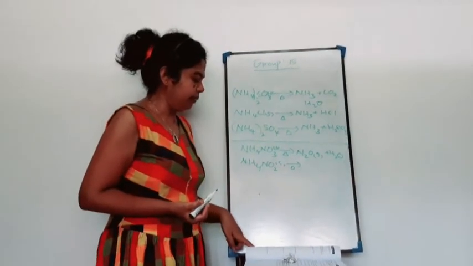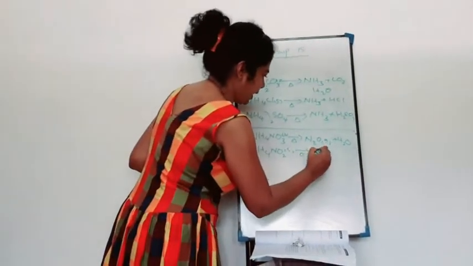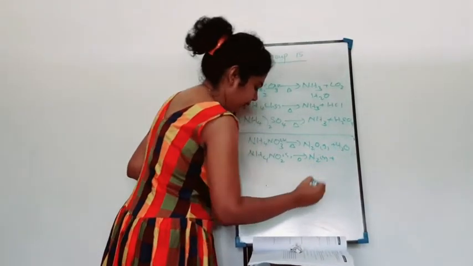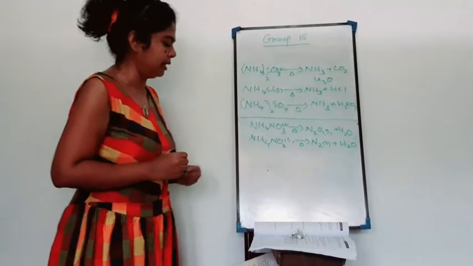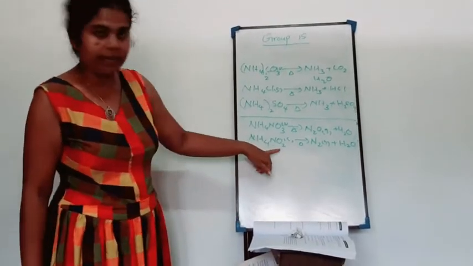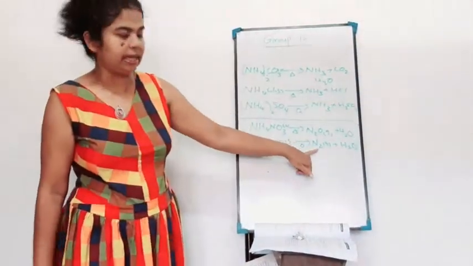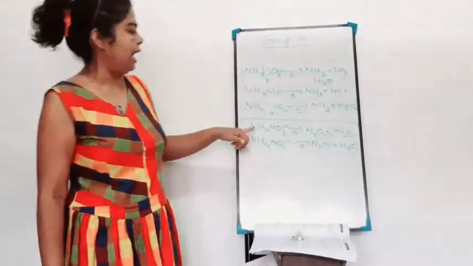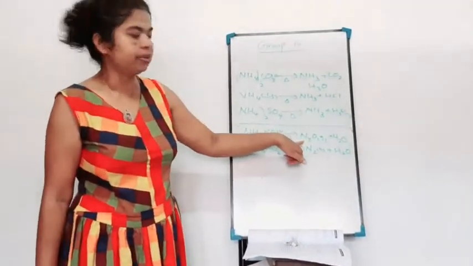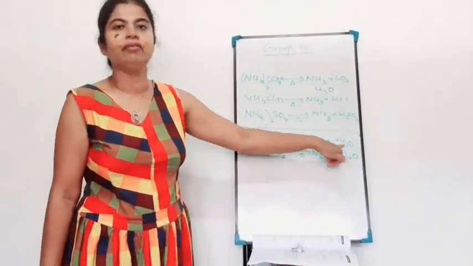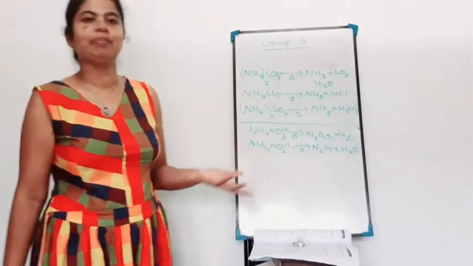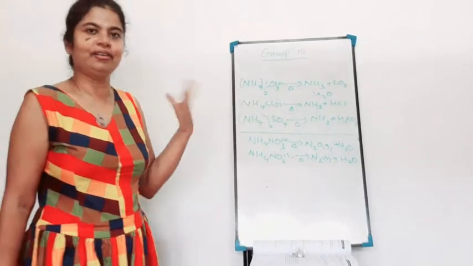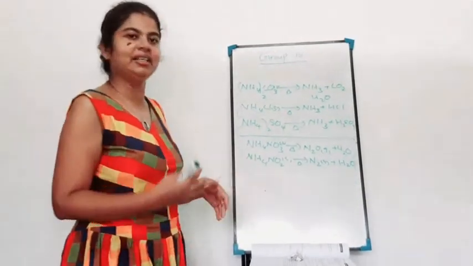The product will be nitrogen gas and water. Now you can see the difference. Heating ammonium nitrite gives nitrogen gas and water; ammonium nitrate gives dinitrogen oxide and water. There is no other method, so you should memorize this very well.